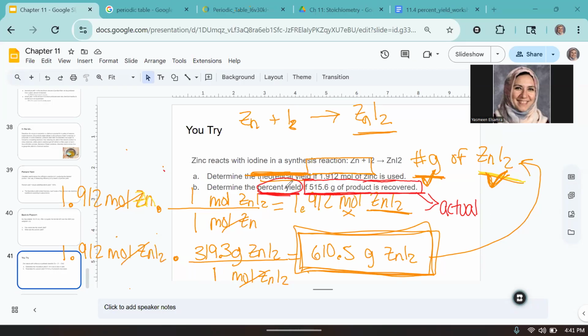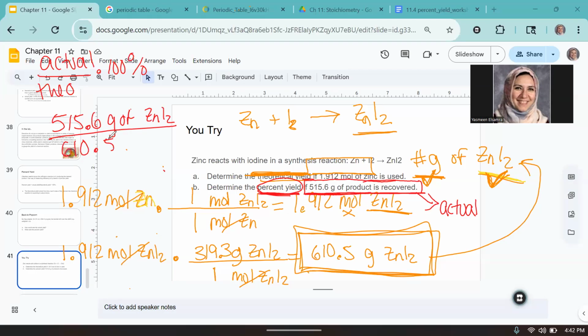So percent yield is the actual over theoretical times 100%. So he actually made 515.6 grams of zinc iodide. And my equation said I should have made 610.5 grams. So I divide those two and multiply by 100.